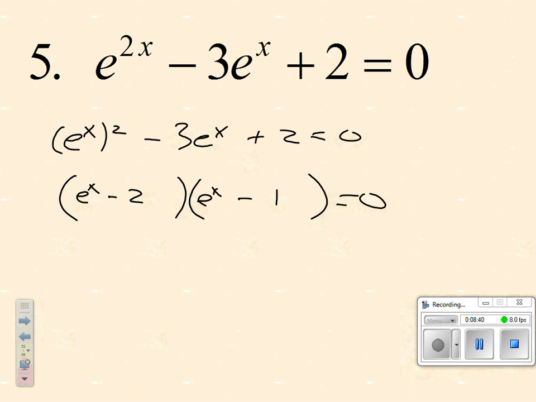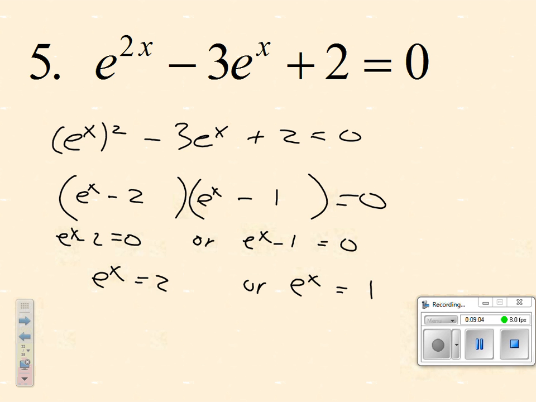Now, the product of 2 quantities is 0. What does that tell us? One of them is 0. So this converts to e to the x minus 2 equals 0, or e to the x minus 1 is equal to 0. So e to the x has to be 2, or e to the x has to equal 1.